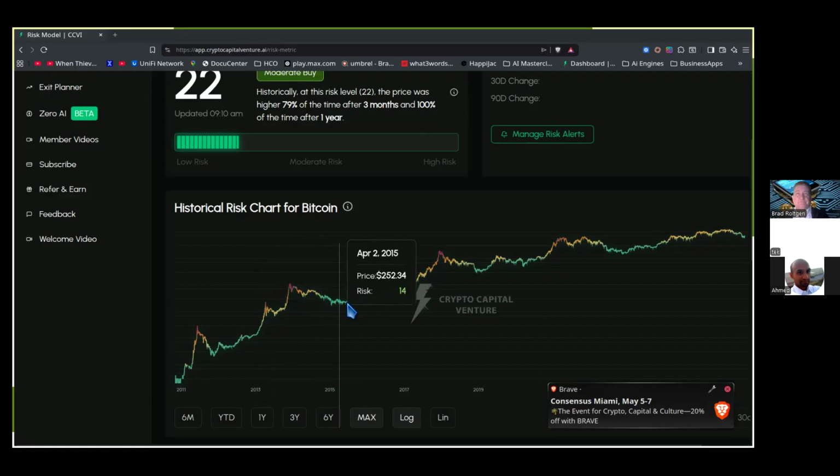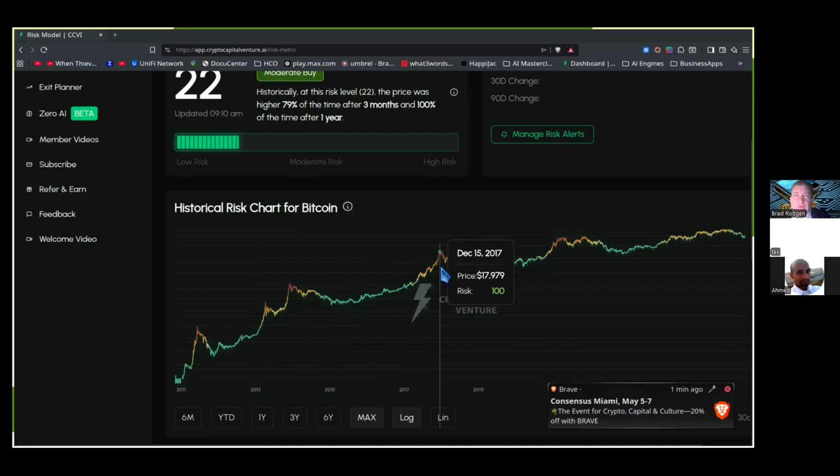And as you sit here, as you follow the cursor, you can basically see what the risk model was at that time, on that date, and what the current price was for Bitcoin. In this case, I'm on Bitcoin, but you can kind of go back and see, risk here was 100.